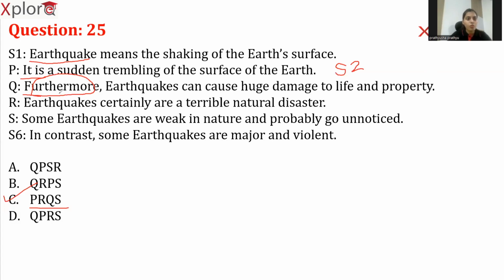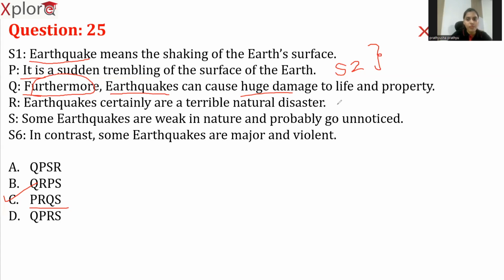So here you are talking only about earthquake, not about earthquakes. You're just defining what an earthquake is. You are talking about the definition of earthquake in statement 1 and statement 2. And furthermore, earthquakes, you're adding the damage that it causes and everything. However, you got to know that before this Q, there is some other statement. What is that other statement?